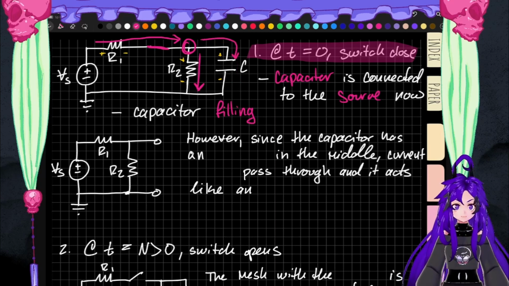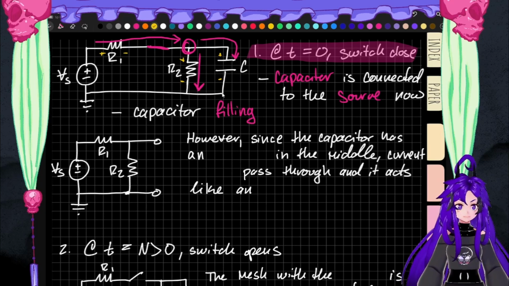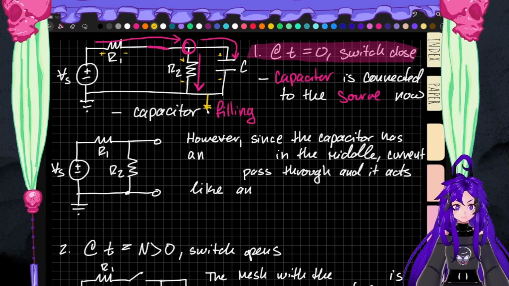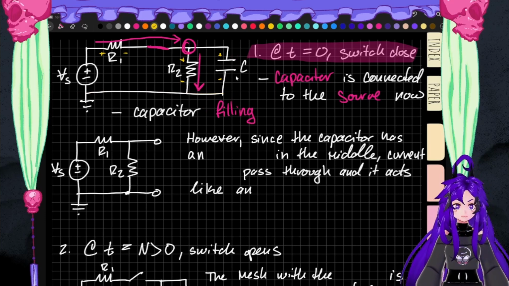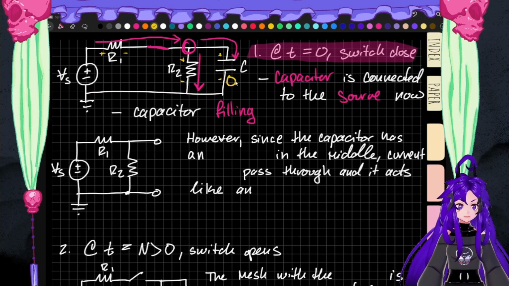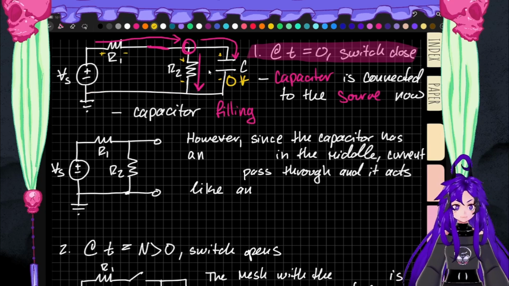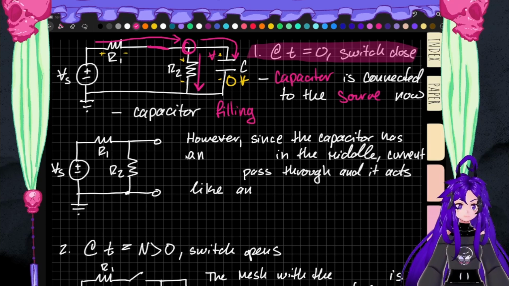We have a current to this plate, and this plate is tied to ground, because everything on this line is tied to ground. So we know that we have 0 volts on this side of the capacitor, and we have voltage on this side of the capacitor. Cool beans.